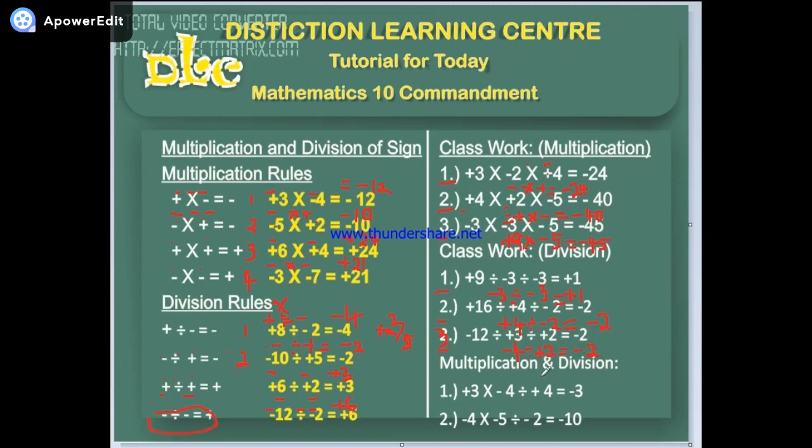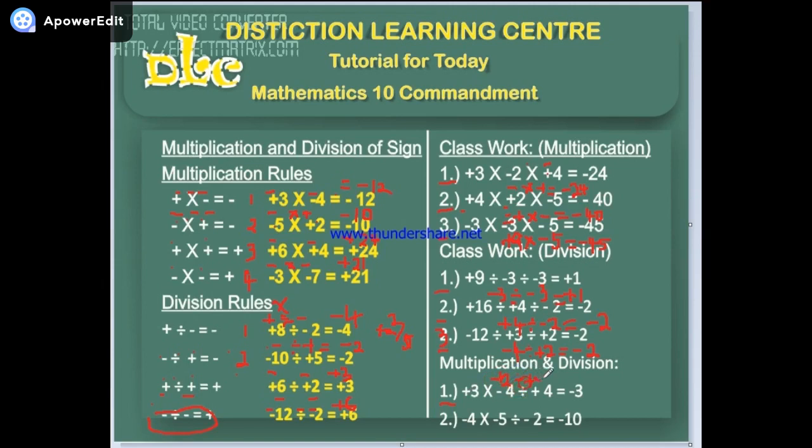And the last section, combination of multiplication and division signs. Question 1, we have plus times minus, so that will give us minus, and 3 times 4 gives us 12, that is minus 12, divided by plus 4.